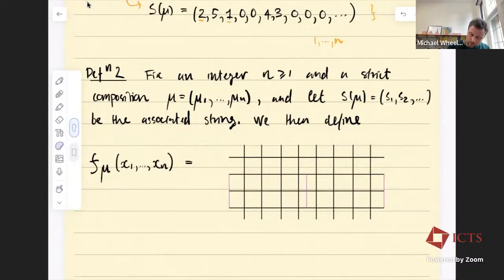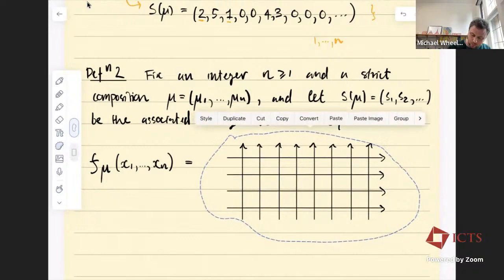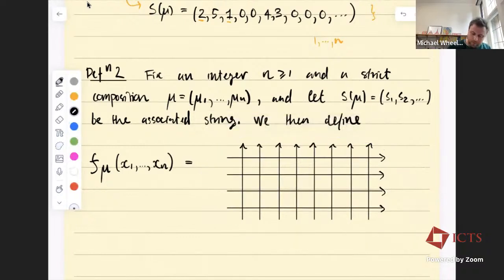Okay, so here we have it. And let me just copy that now so that we have it for later on. All right. So what's going on here?